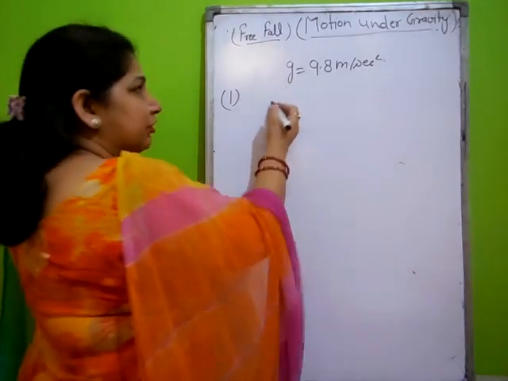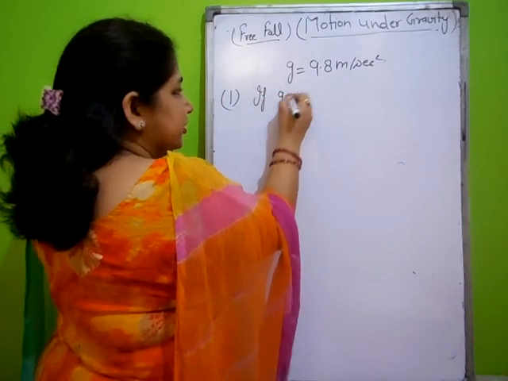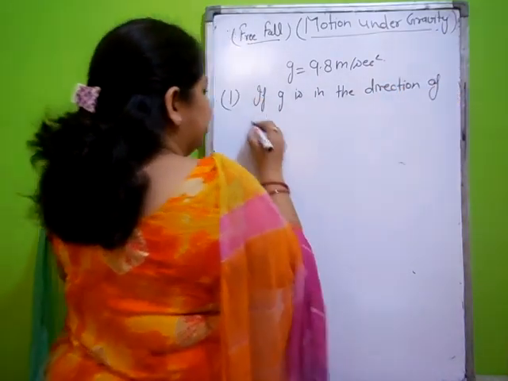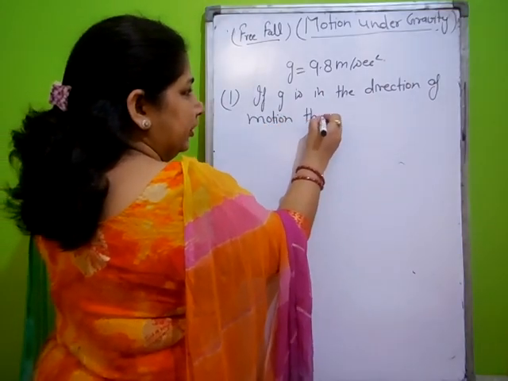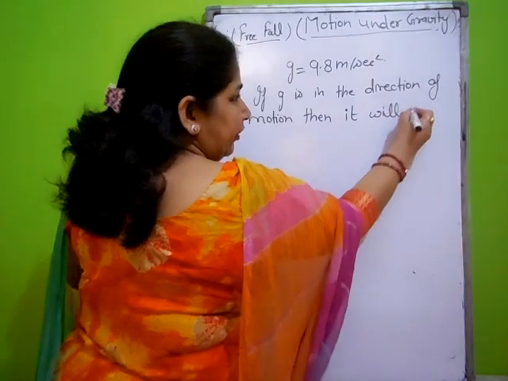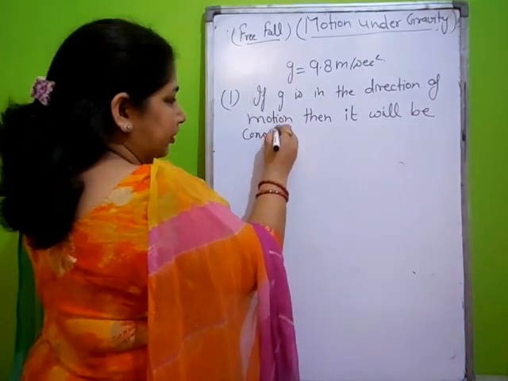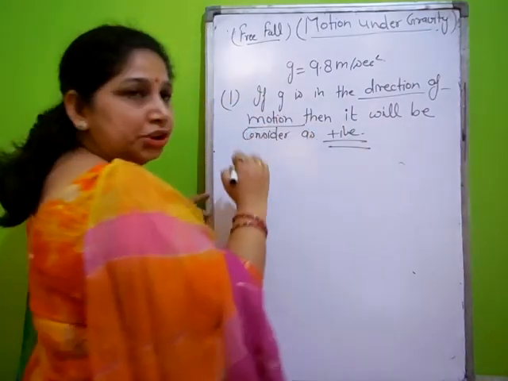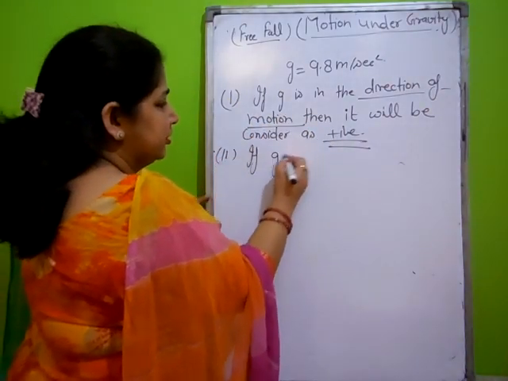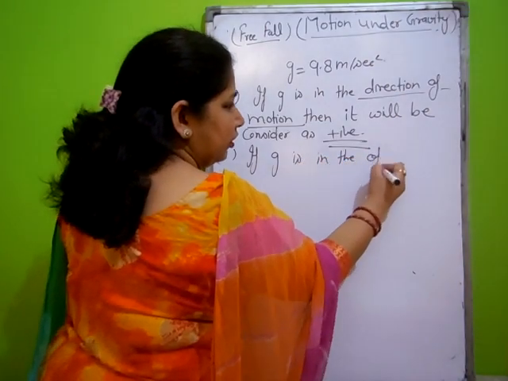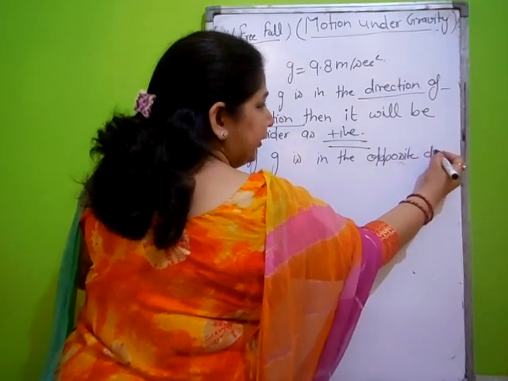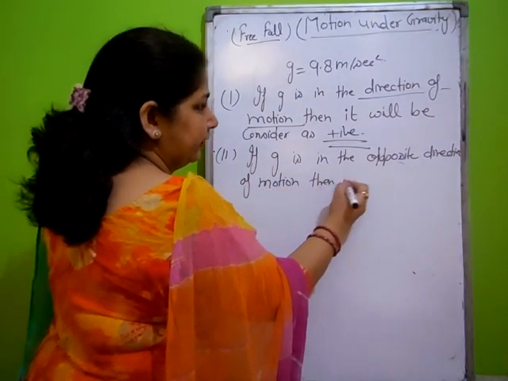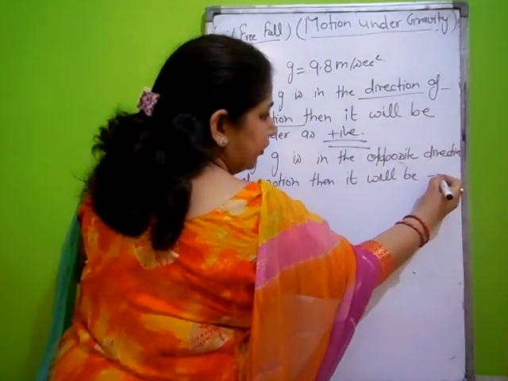If g is in the direction of motion, it will be considered positive, and if g is in the opposite direction of motion, it will be negative.